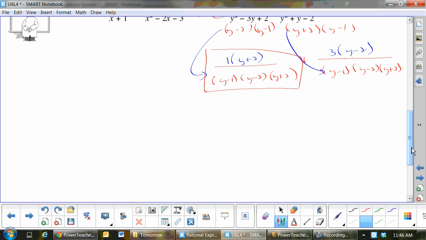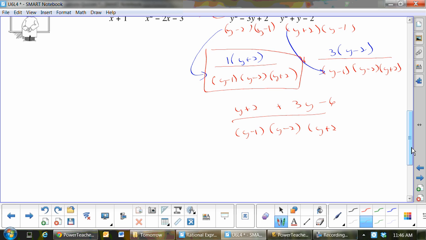So this would be y plus 2 plus 3y minus 6 all over y minus 1, y minus 2, y plus 2. I just multiplied my 1 in and my 3 in, right? Okay, now the top.